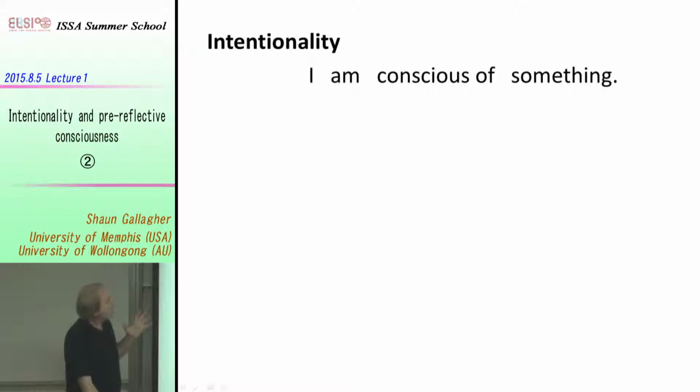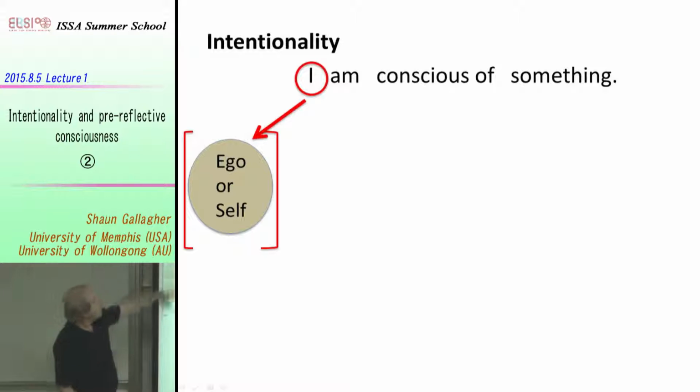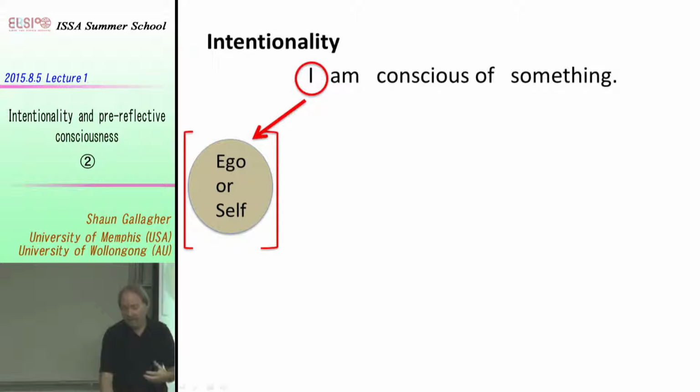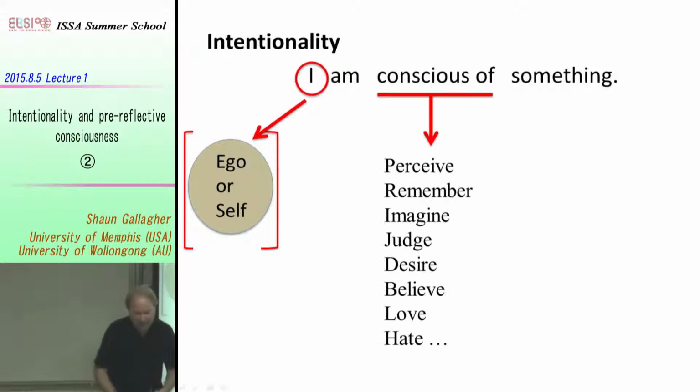If we look at that type of statement, there's one part of it that seems to indicate this type of self-structure that I just mentioned. People sometimes talk about ego. That's a kind of old word now. It's a Latin word, which means I, or the self. So that's one piece of the structure of intentionality.